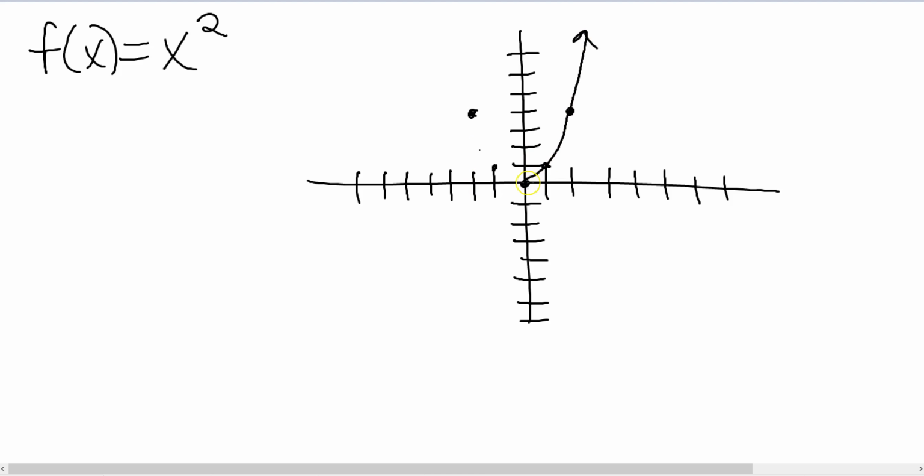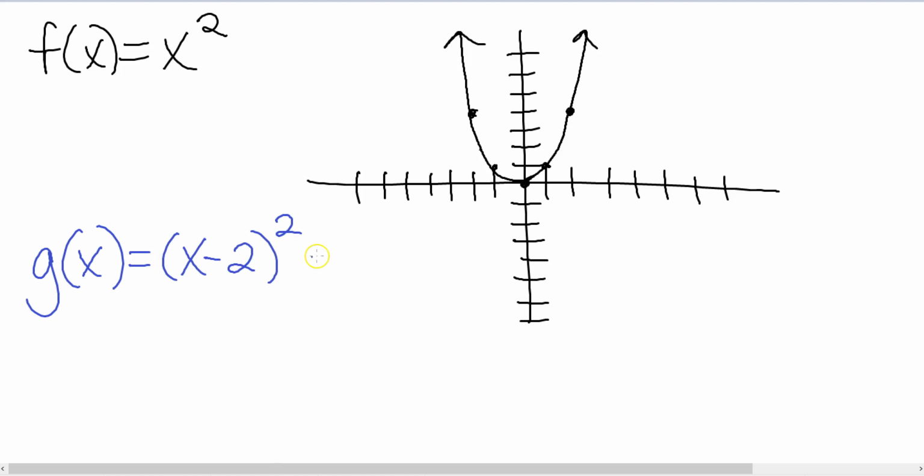And again, you can get these points by making a table. So now let's combine it. Let's say g of x equals x minus 2 squared plus 1.